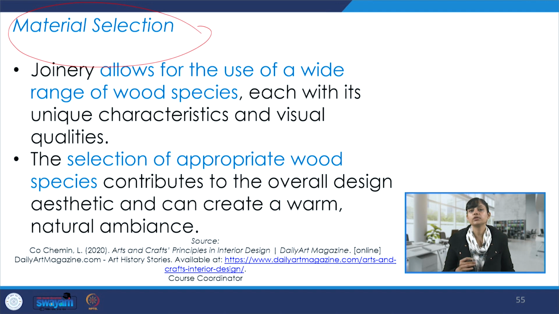Joinery allows for the use of a wide range of wood species and other materials, but we are specifically focusing on examples concentrating on wood, each with its unique characteristics and visual qualities. The selection of appropriate wood species contributes to the overall design aesthetic and creates a warm and natural ambience.